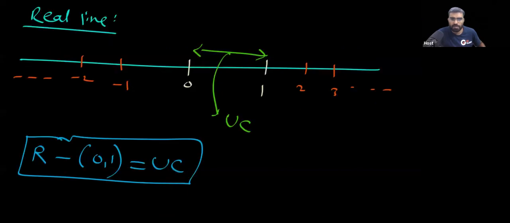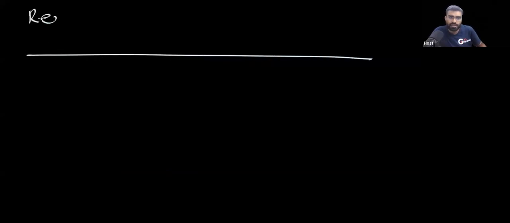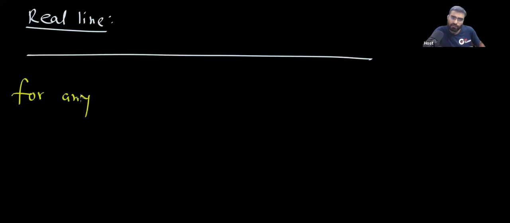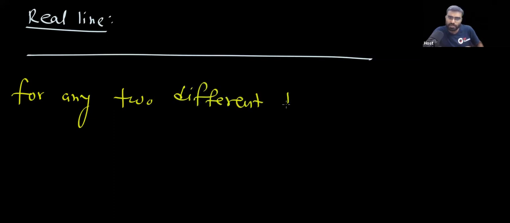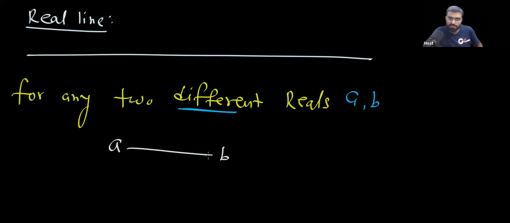Okay. Now, one more thing I want to tell you here. In the real line, this is interesting: for any two different reals A, B, remember this range from A to B is uncountable.